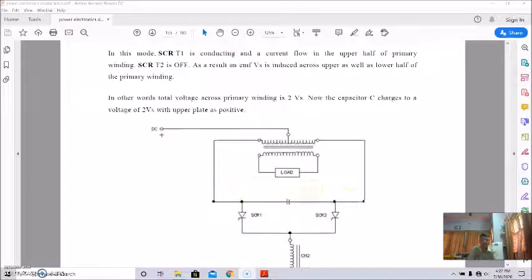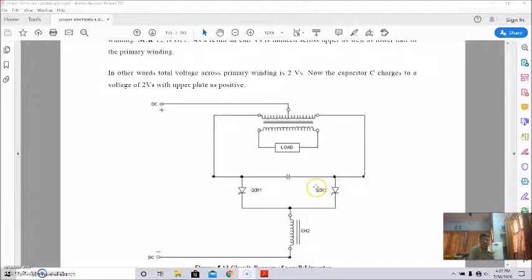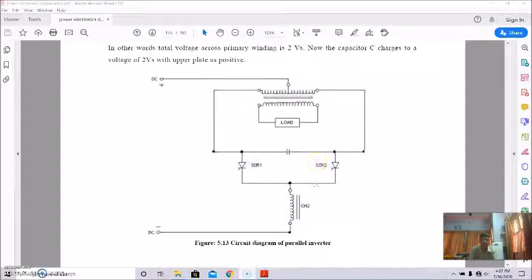This is the capacitor, in parallel with the transformer. That's why it is called a parallel inverter.